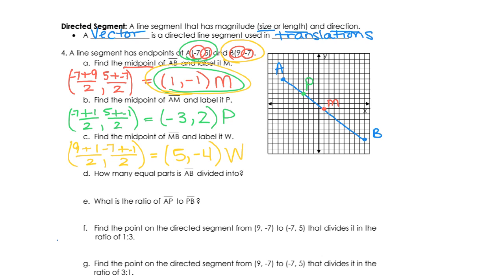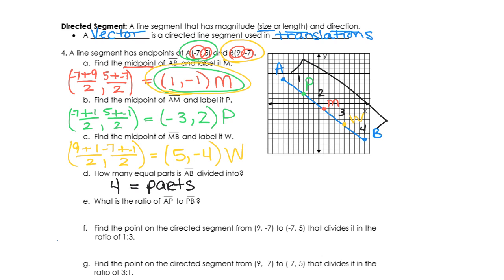And they want us to call this W. So +5, 2, 3, 4, 5, 1, 2, 3, 4. And that is W. All right, so part D says, how many equal parts is AB divided into? Right here, the whole line segment called AB has been divided into 1, 2, 3, 4 equal parts.